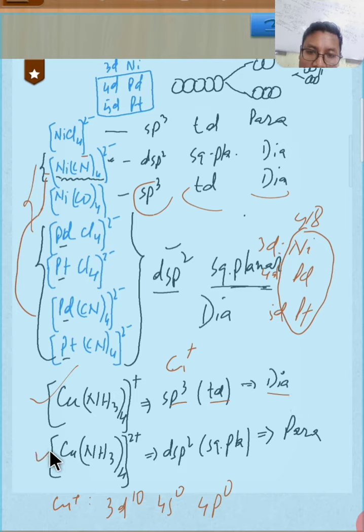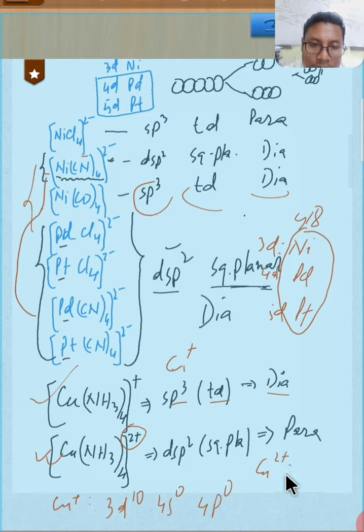But in this complex, copper has an oxidation state of +2 since ammonia is neutral, right? So its electronic configuration will be what? For Cu2+, the electronic configuration is what? 3d10? Now 3d10 can be drawn like this.